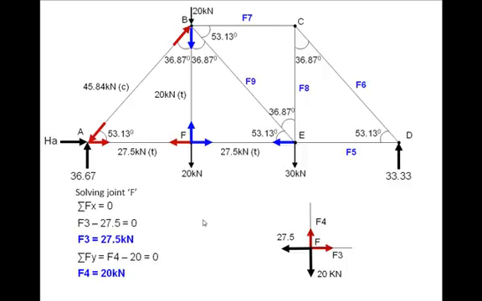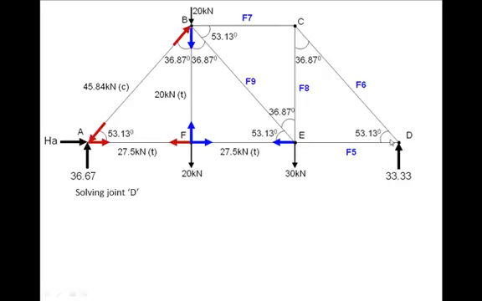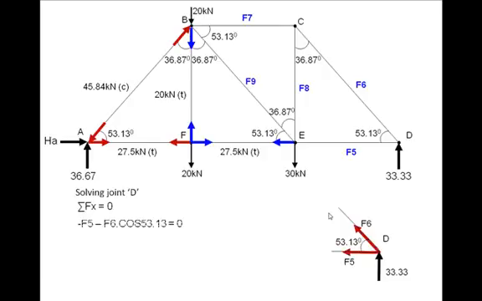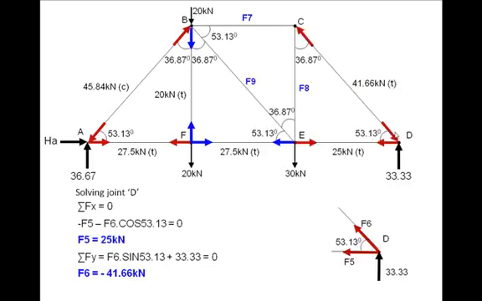We are moving from joint to joint, every time solving two forces from the joint, and therefore this is called the method of joints. Now you don't have to go to E; you can as well go to the simpler joint D. Same thing: isolate, draw forces, write sigma Fx = 0, sigma Fy = 0, work out F6. If it comes out negative, you know it is compressive. Then F5, transmit this information in the main figure, extend it to the adjacent joint.